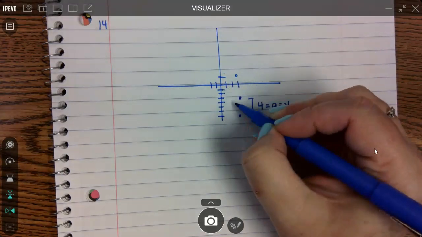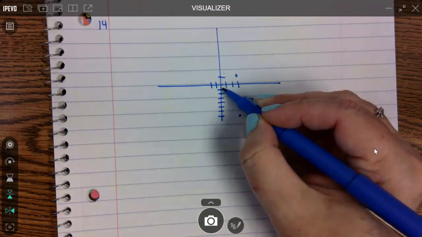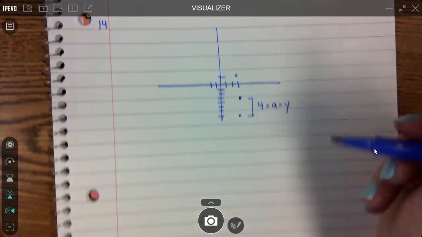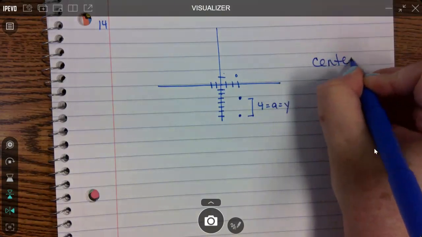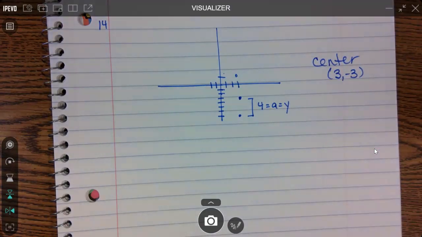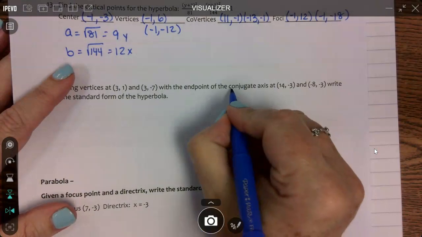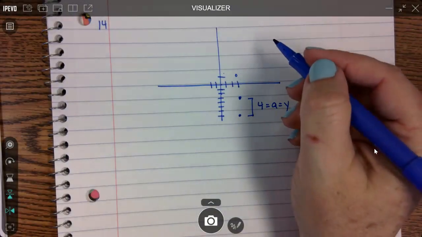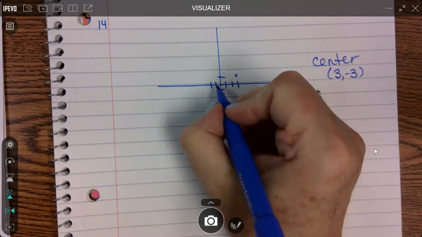So this is going to be 1, 2, 3. So my center is at 3 and negative 3. Okay. Now, it talks about conjugate. Remember, conjugate and co-vertices give us our B value. Okay, I lost my spot. So negative 8, 3.